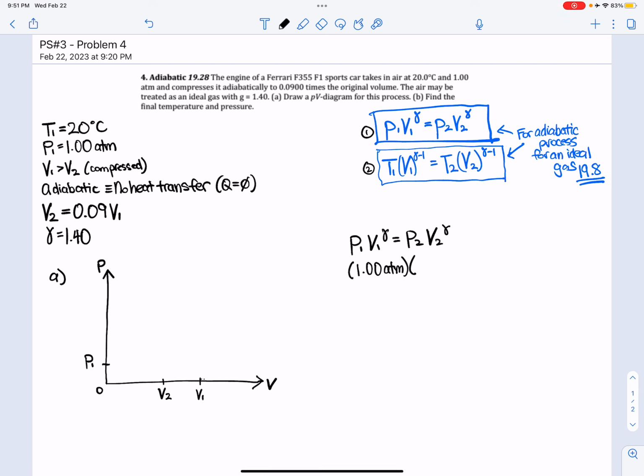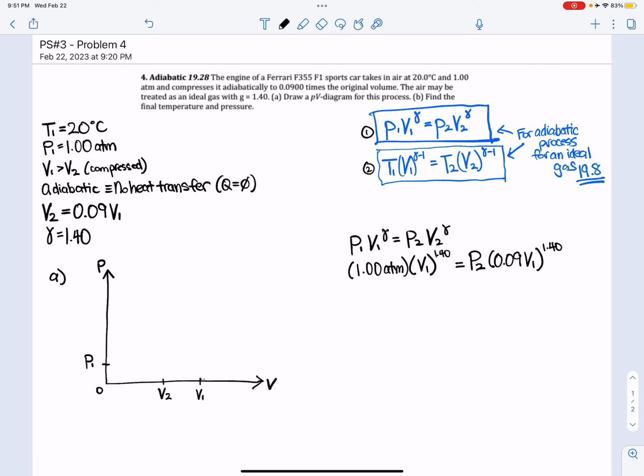My initial volume I don't know, so let's just call it V1. And gamma is 1.40, which was given to us. That's equal to my final pressure, which I'm trying to find, times my final volume. I don't know the exact value, but I know it's 0.09 times my initial volume, to the power of gamma, which is 1.40.